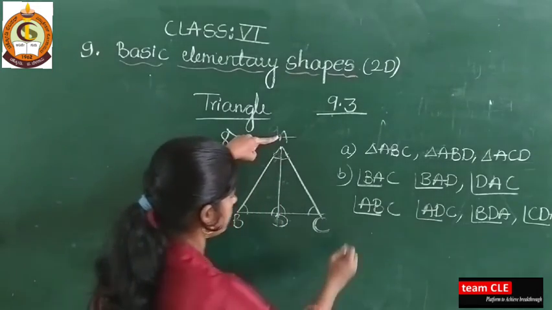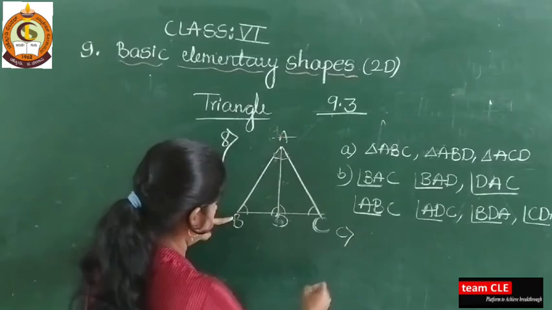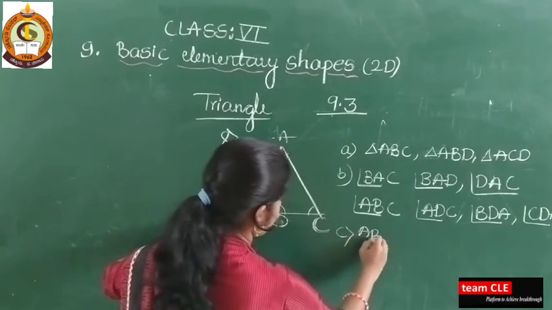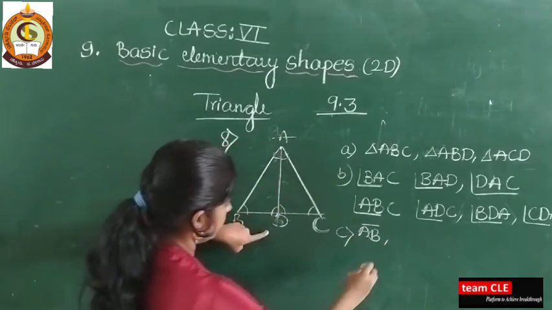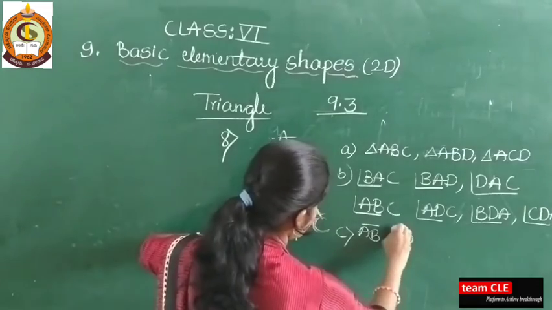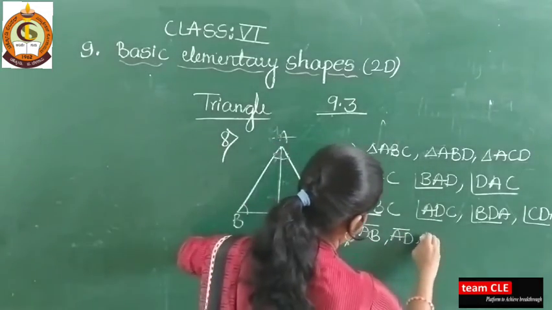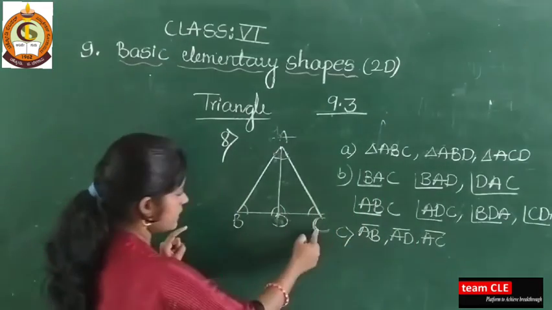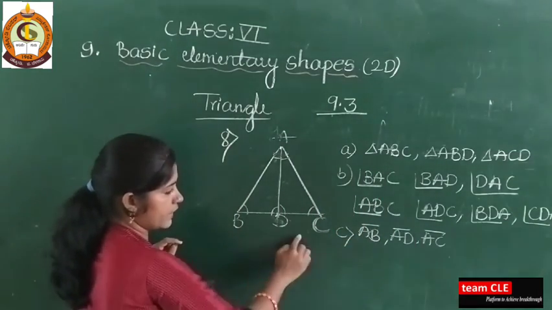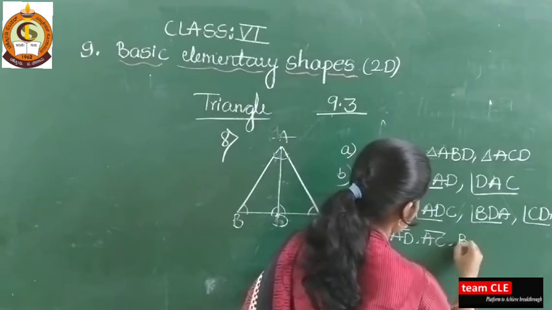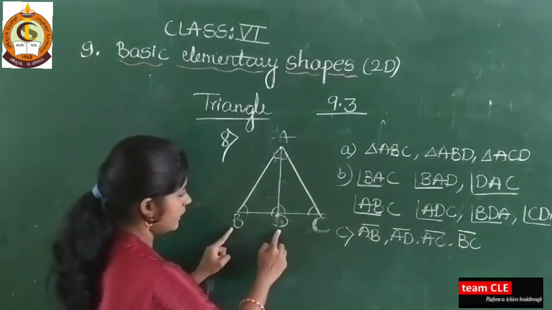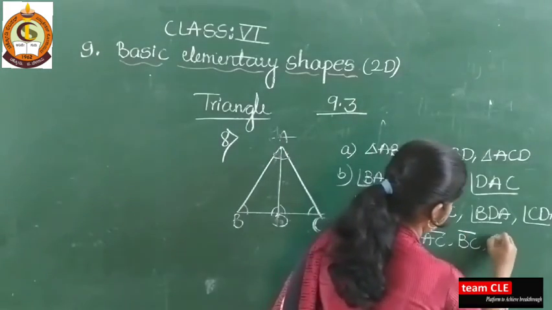Let us write those line segments: AB, AD, AC. Next, BC. This full one is a line segment, that is BC. One more, BD and DC.